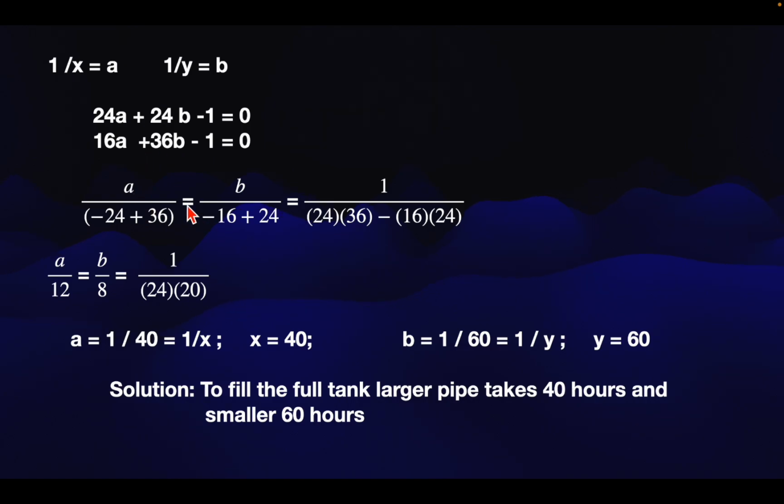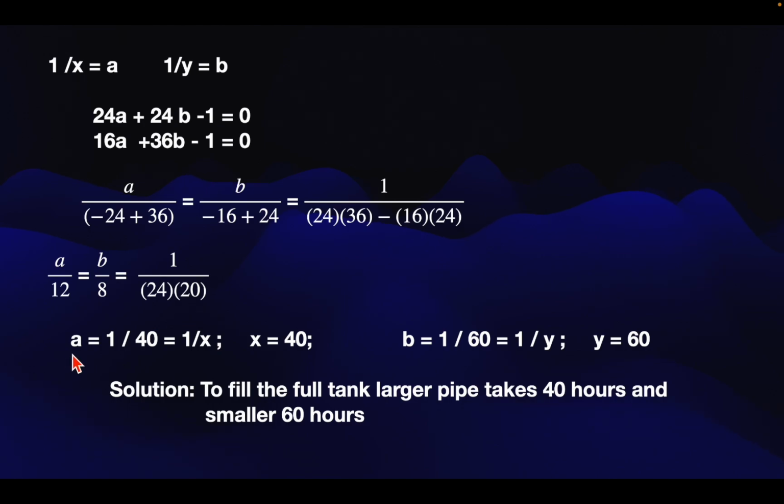Write down this formula. a upon 24 into minus 1 minus 1 into 36 is equal to b upon minus 1 into 16 minus 24 into minus 1, and is equal to 1 upon 24 into 36 minus 16 into 24. Simplify this. These are simple numbers. When you add and subtract, you will simplify it easily.